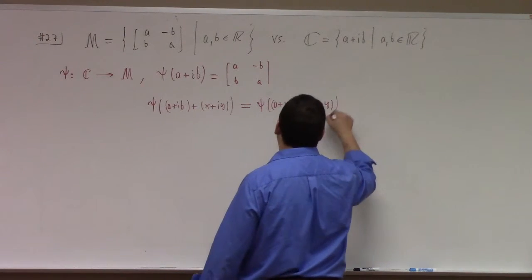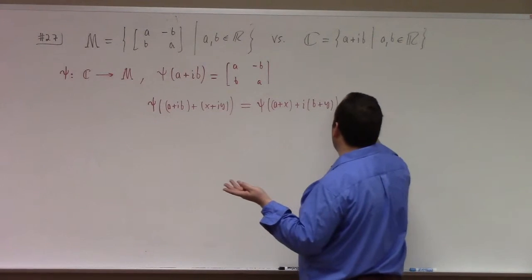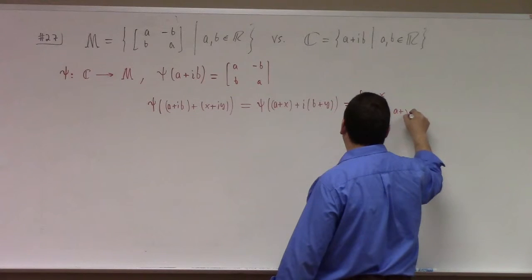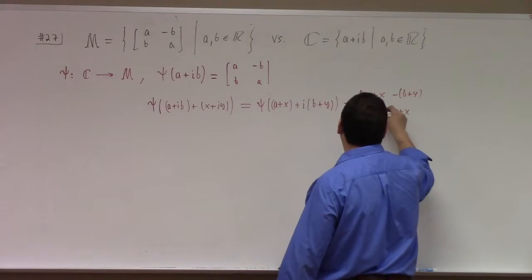So that's how we add complex numbers. We add the real parts, add the imaginary parts. Nothing shocking there, I hope. And so that gives the matrix with A plus X, minus (B plus Y), and B plus Y.